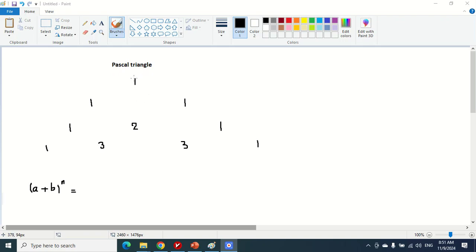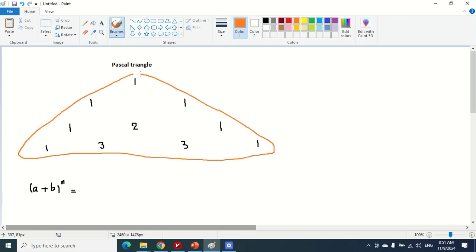Indeed, we start with 1, and at the edge of this triangle, we have 1. As you can see, there is 1 at the edge. On each side of the triangle we have 1.